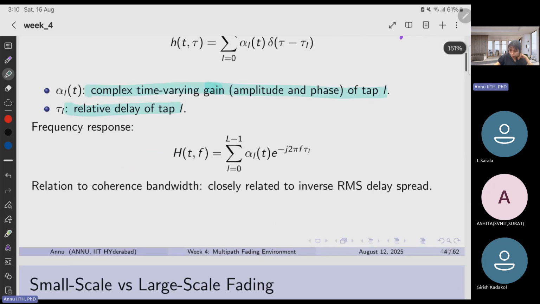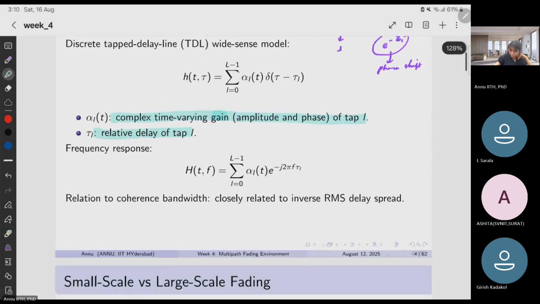So the frequency response is nothing but, if you convert this, t will remain t.